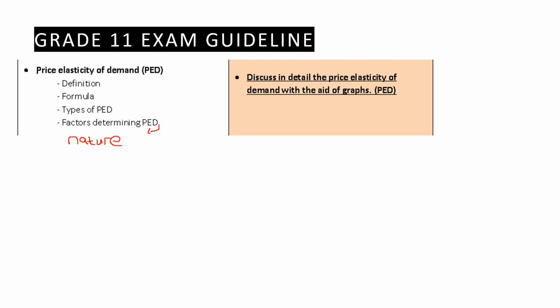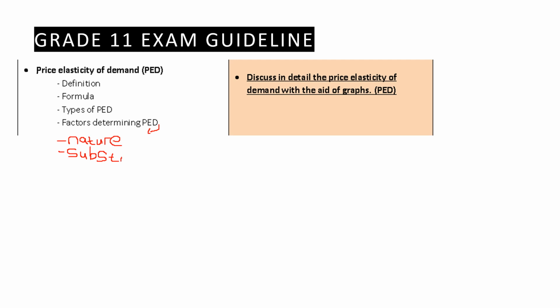Okay, then we also have the second factor that influences the elasticity of demand, which is what is called the availability of close substitutes. You recall that we defined substitutes as those goods that can be used to replace each other.